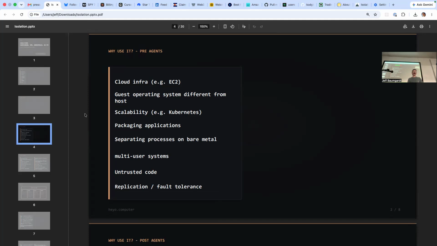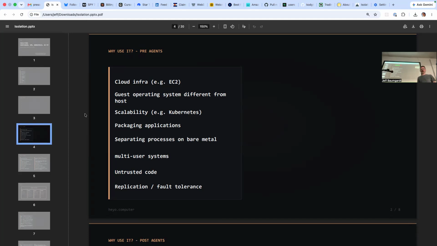Other use cases here, running a guest operating system on your computer. So if you want to use Mac OS, but then operate on Linux, that's one use case. Scalability, Kubernetes, and then probably the real reason containers are so popular right now is because as an isolation system, it actually makes it really easy to package up applications and distribute them. So we'll talk about Docker a little bit later when that came on the scene and containers just exploded.